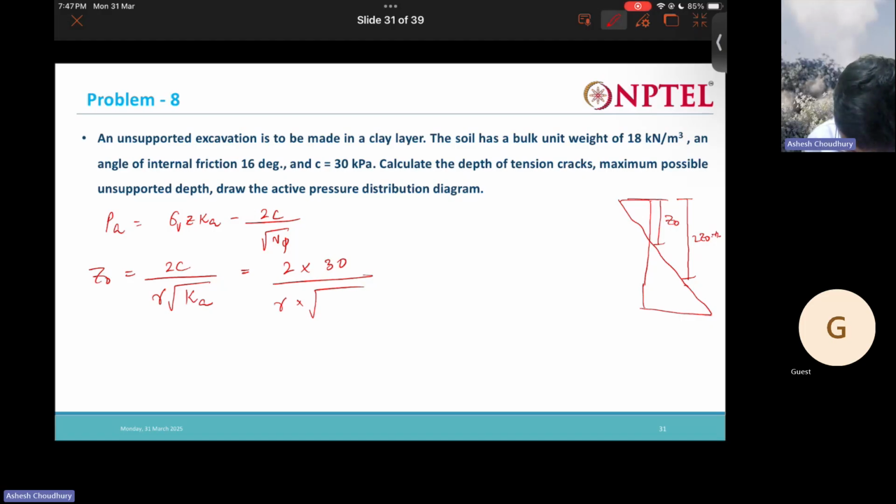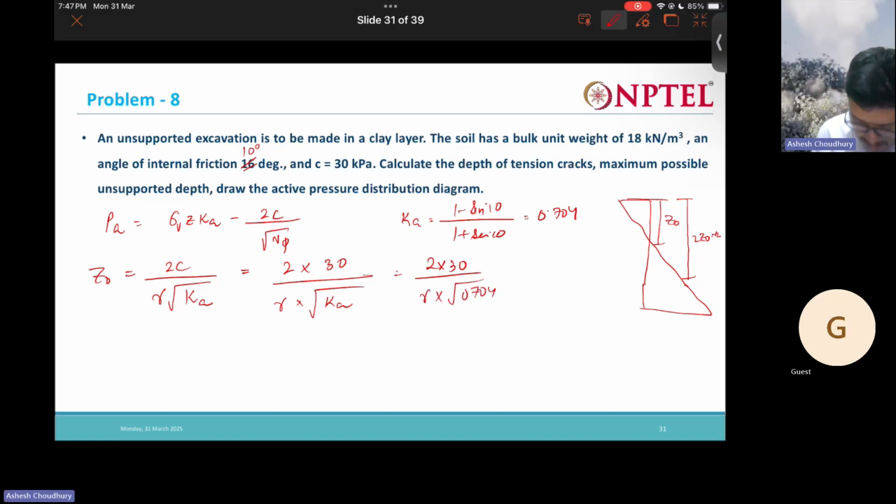So what's, how much is, it's not 16 degrees, it's 10 degrees. Okay, so K is, so from here you can get 2 into 30 over gamma.